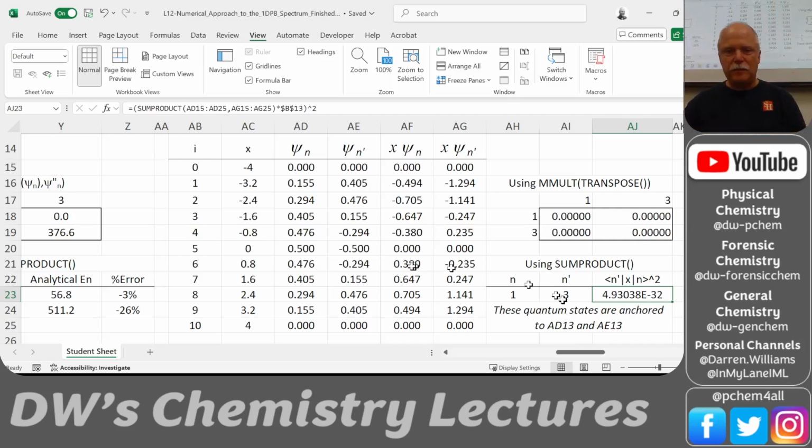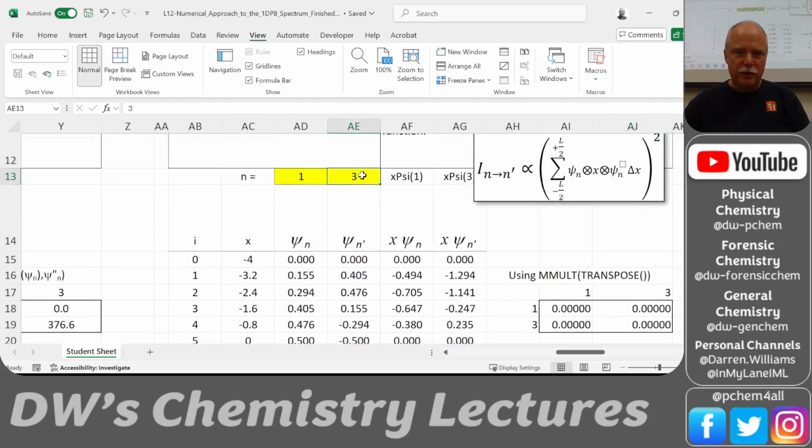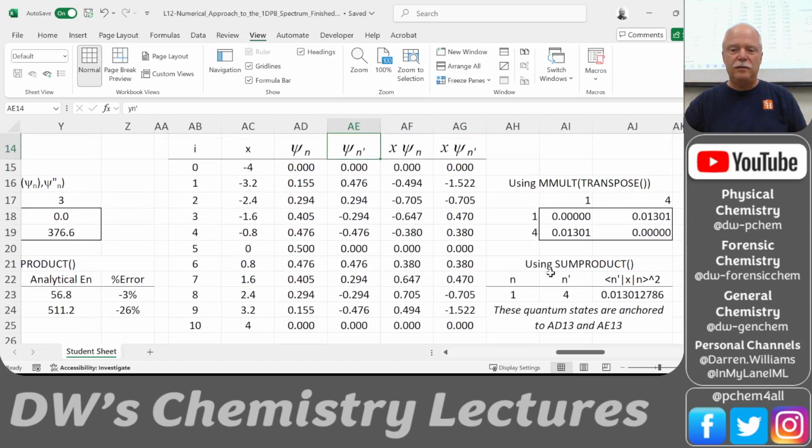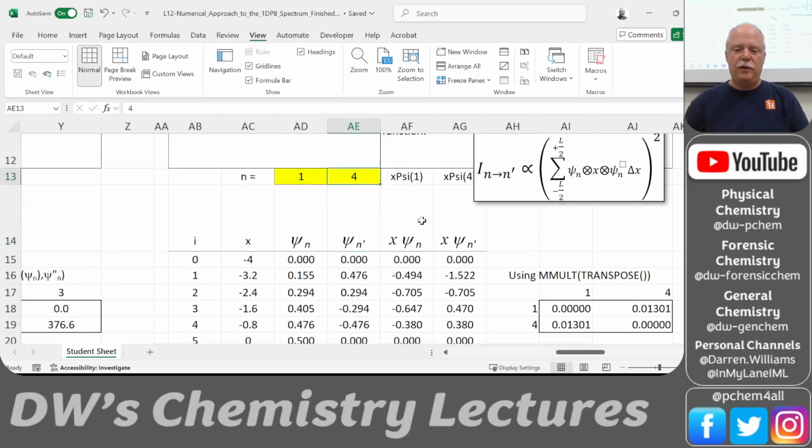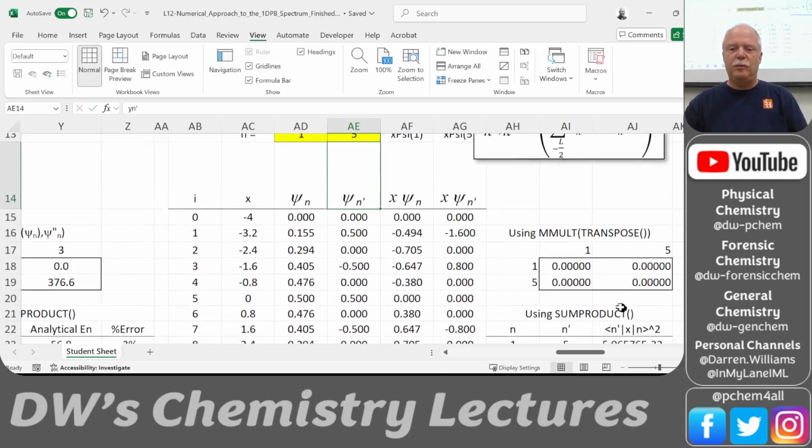Okay, and then let's go 1 to 4. Non-zero. So a delta n equals 3 would be allowed. And then what about 1 to 5? This is a delta n of 4. Again, 0 to 5 decimal places.